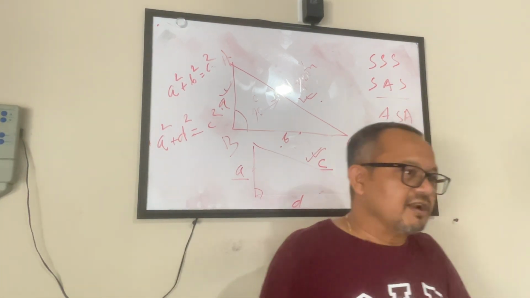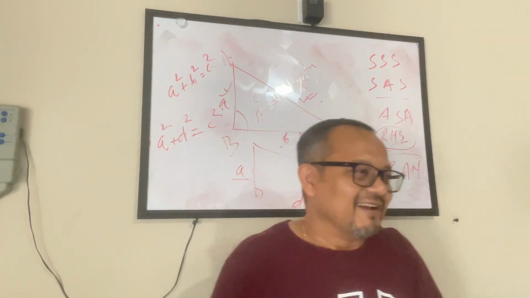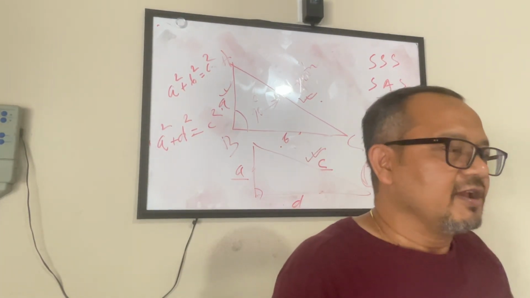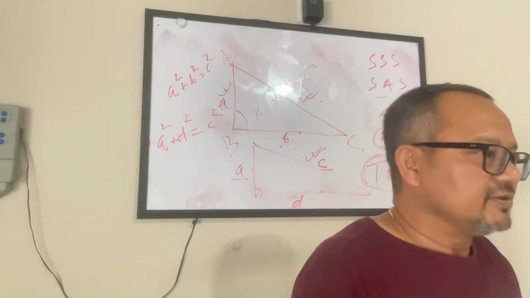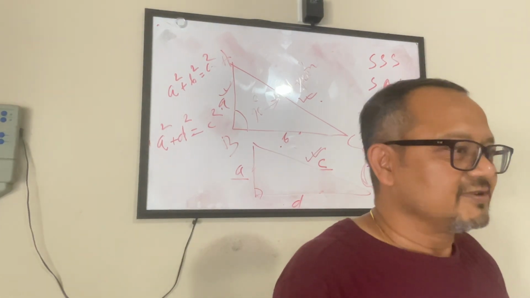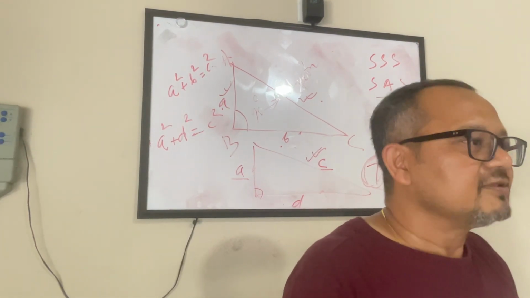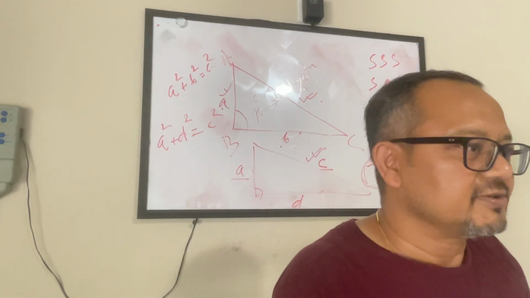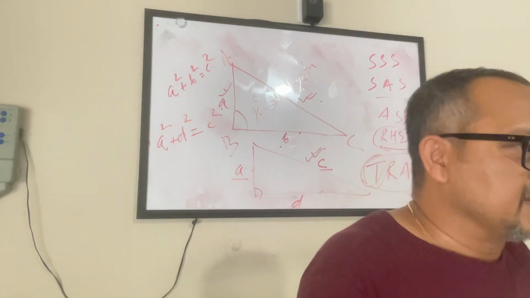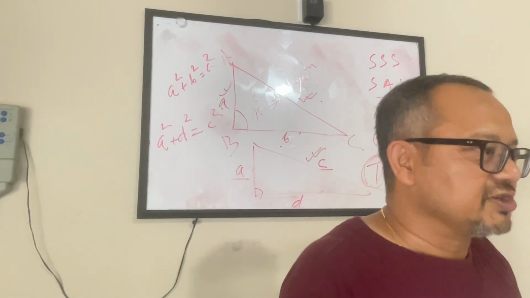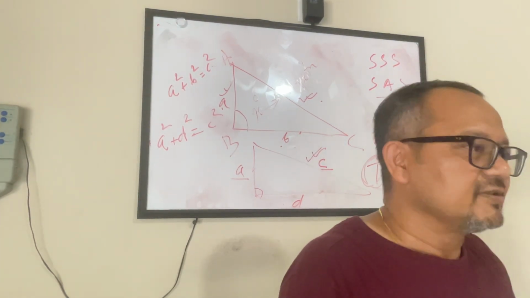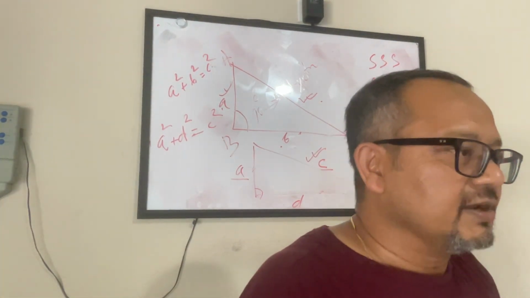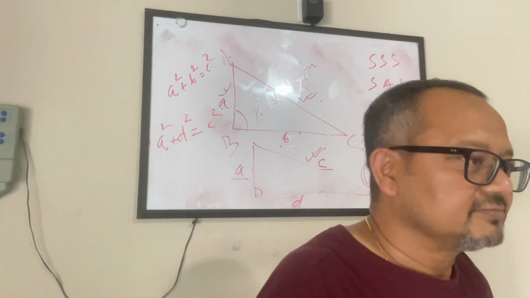Let me ask one by one. So Sanvi, no question? Okay. Pranav, no questions? Very clear? Okay. Amoga, no questions? Okay. Deekshita, no questions? Myra, no questions? Okay. Then Sagarika, no questions?